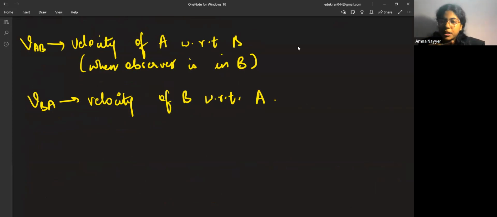What is meant by absolute? Absolute means when something is solely present. This car is the only one present right now, no other car, and I am observing it from the ground. Whatever its velocity is, I am able to observe it. That is VA, VB, which we take.